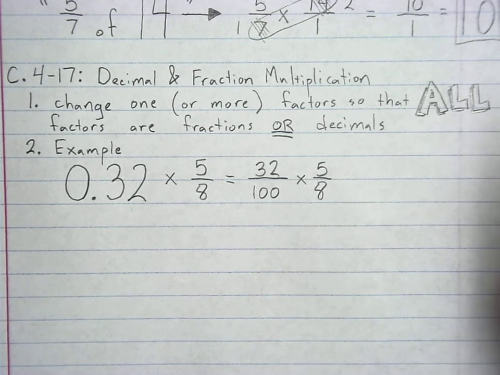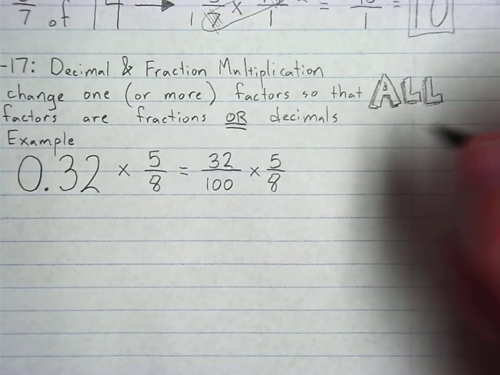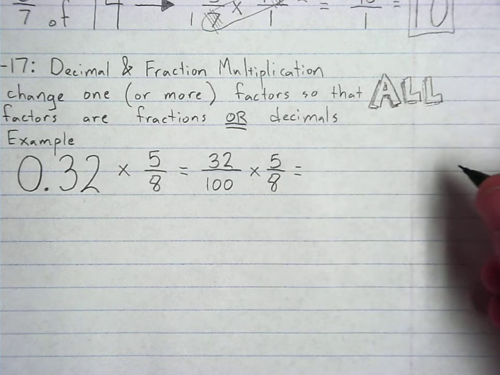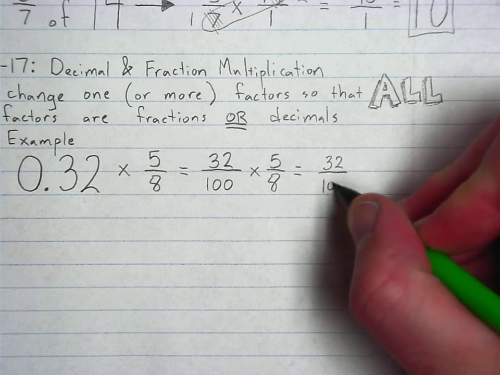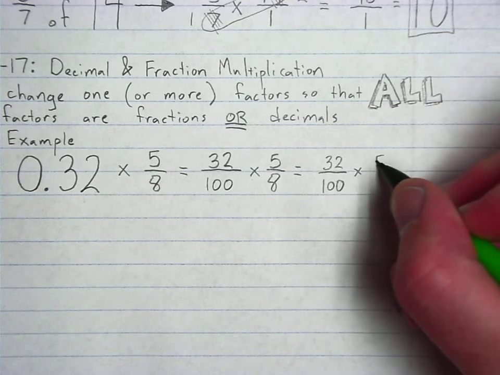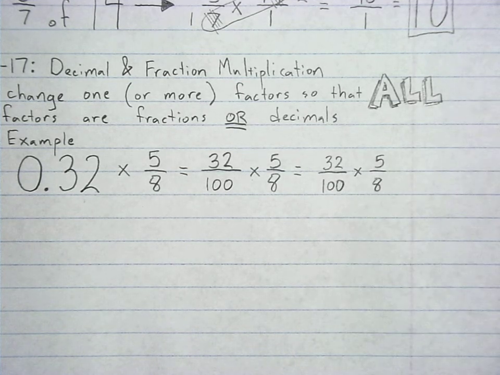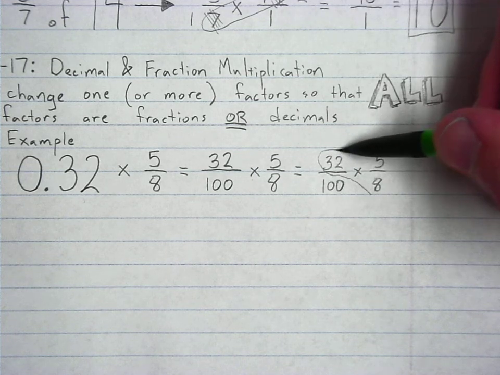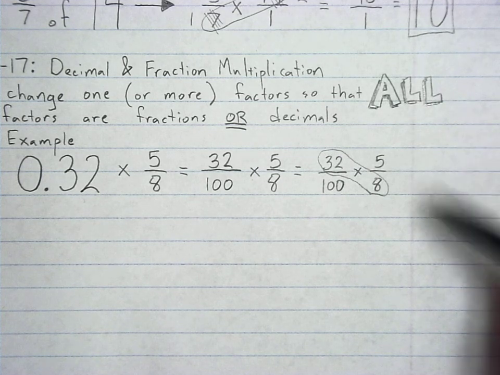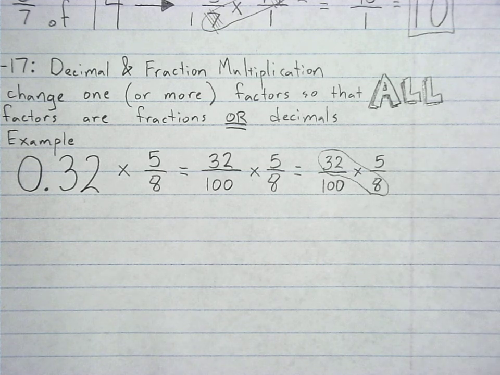32 hundredths times 5/8. Now I'm going to scoot this over a little bit, and I am going to rewrite the 32 hundredths times 5/8. I think most of you can probably guess what's coming. I am going to cross cancel. 32 and 8 have a common factor.